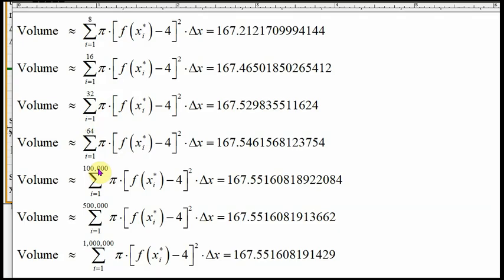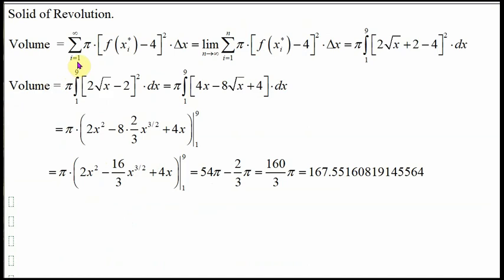And then here we have the sum of volumes of 100,000 cylinders, 500,000, and then a million cylinders. And then what we want now is to find the sum when we divide the solid into an infinite number of slices. And so instead of i running from 1 to 8, we write this as i running from 1 to n with the limit of n approaching infinity.